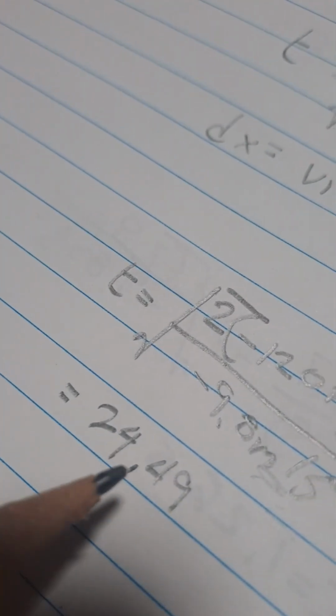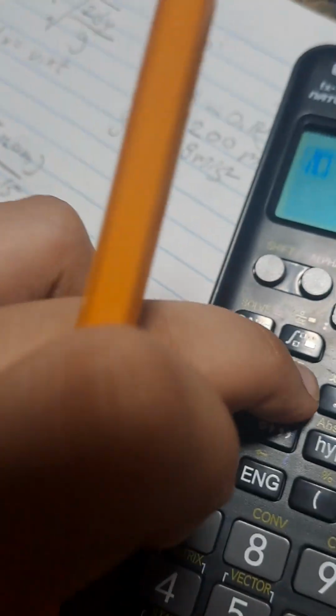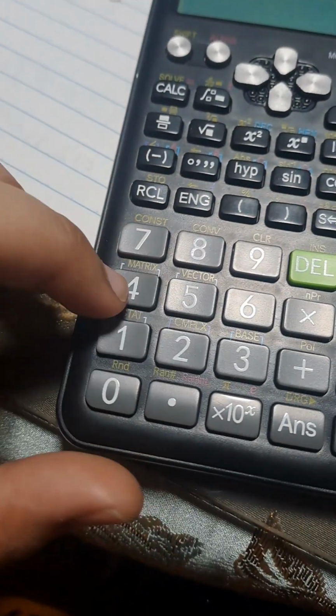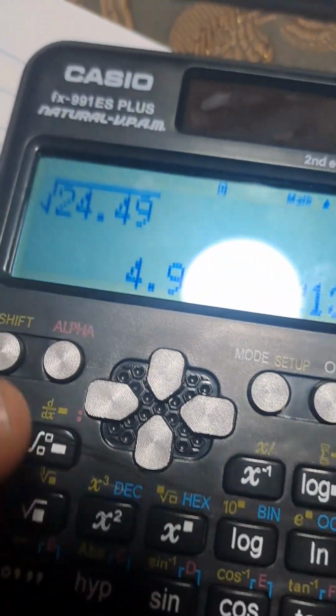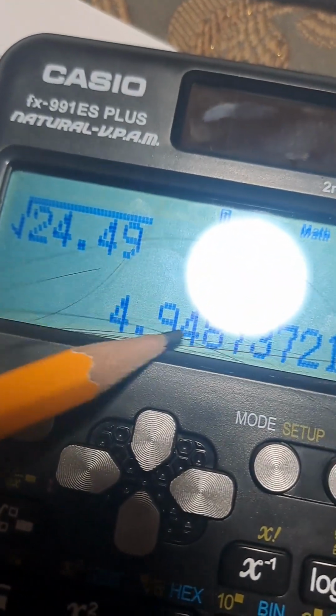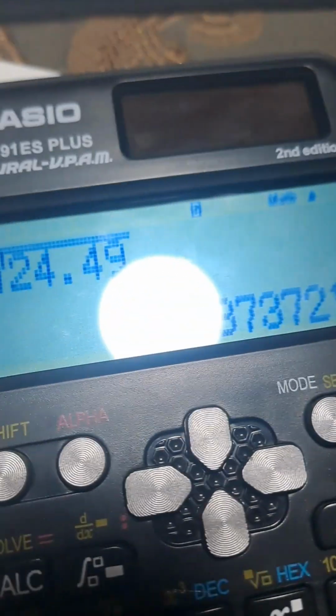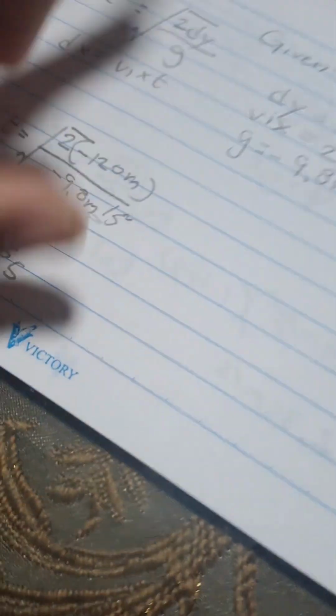Now that we have 24.49, it's not yet done. We still have to square root it. The square root of 24.49 is 4.95. And again, it's still seconds, and it still has to be positive.